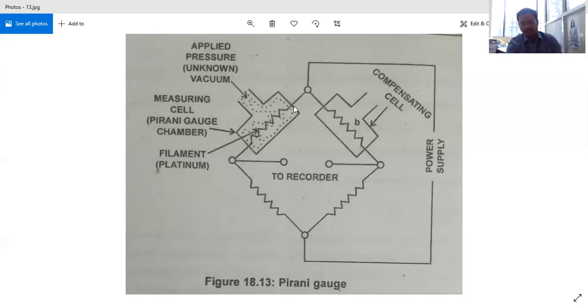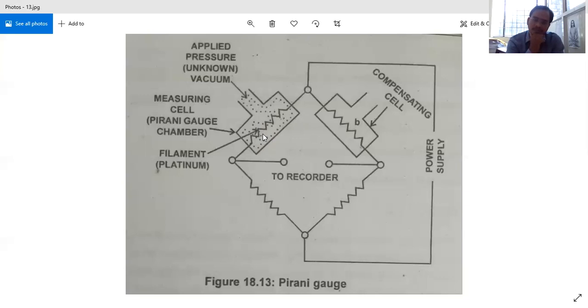But there are a few limitations. They must be checked frequently, meaning we should check the repeatability of the equipment, whether it is giving the proper results or not.